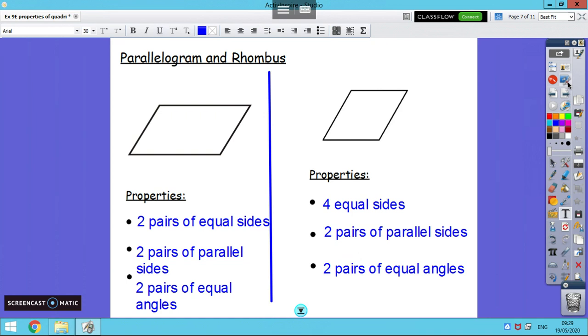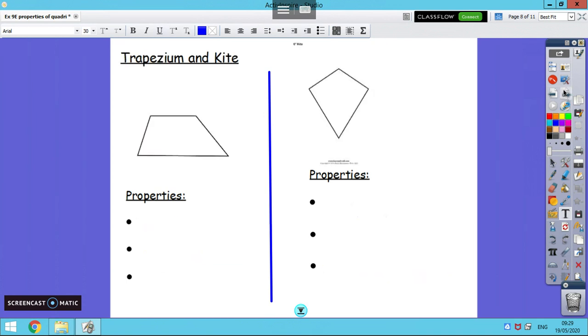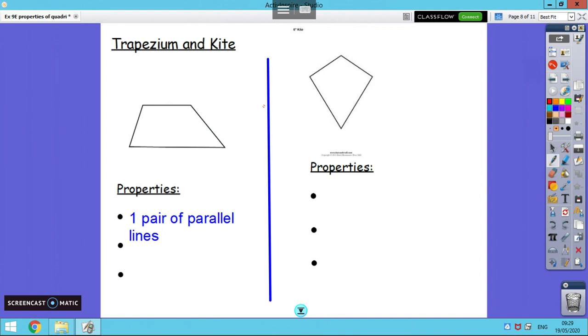Last page that I want you to write down here, we've got a trapezium and a kite. So a trapezium doesn't have any equal sides sometimes. What this particular trapezium does have is 1 pair of parallel lines, and we can put them on the diagram.